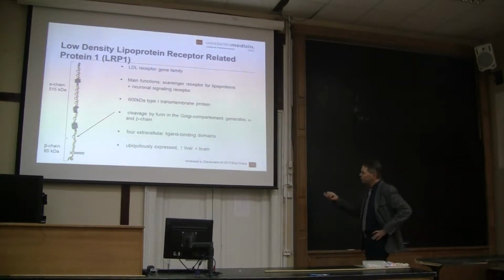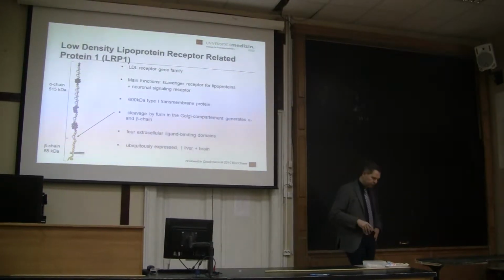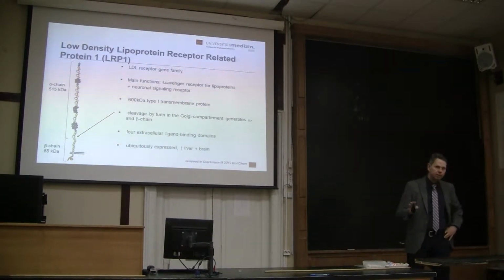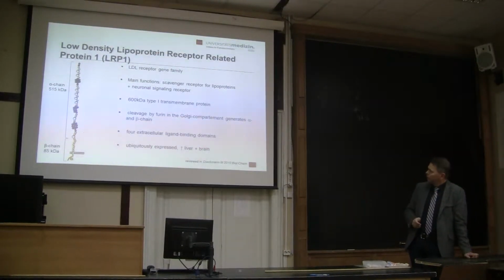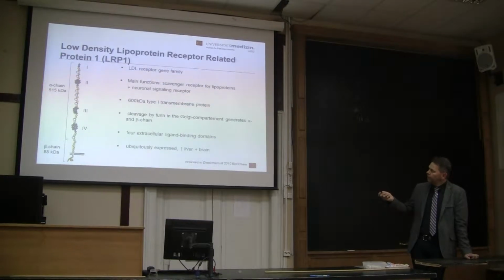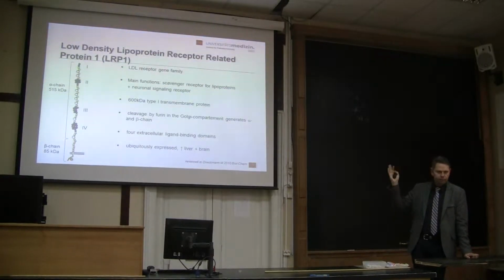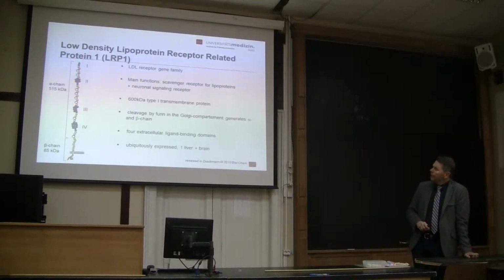There they bind extracellular ligands, and this receptor is ubiquitously expressed, with the highest expression in the liver, but high expression in brain as well. We have four different binding domains so far identified at LRP1, and these binding domains altogether bind maybe 70 ligands or maybe even more, I don't know, but a lot of ligands.